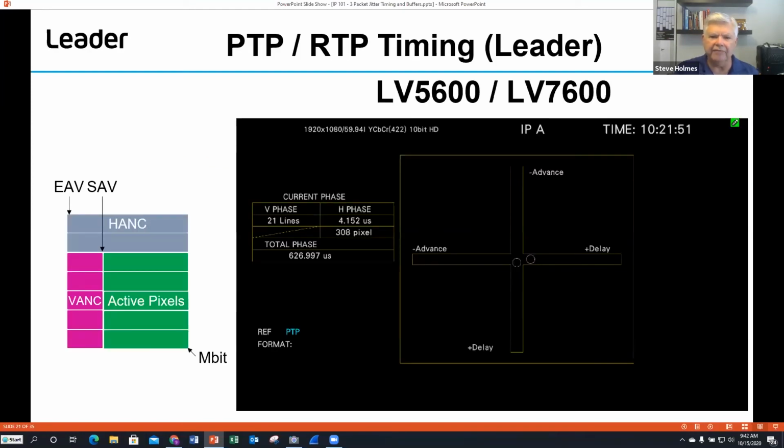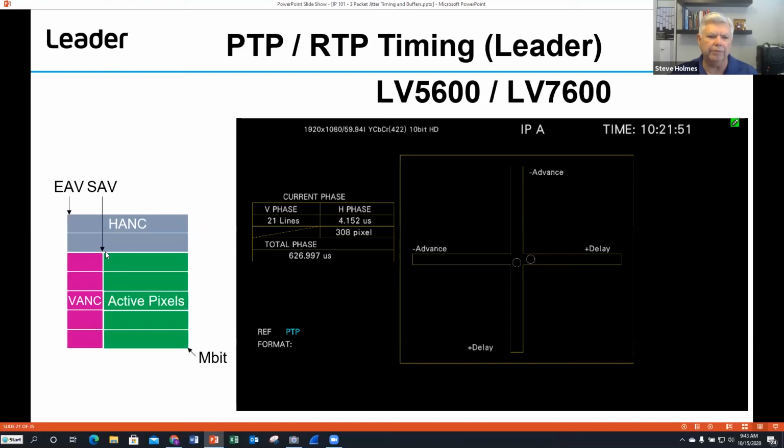And we do have the ability to be able to look at the timing and be able to look at things. But the thing you need to remember when we're looking at this is we are only sending this green portion over here, which is the actual video raster.